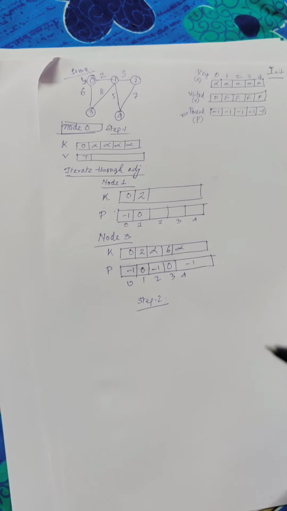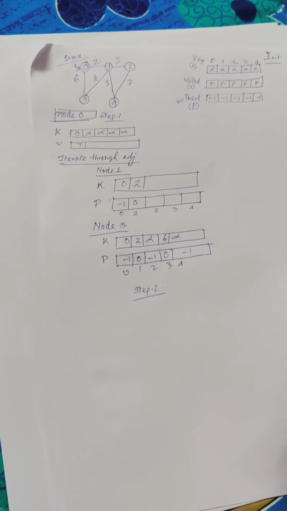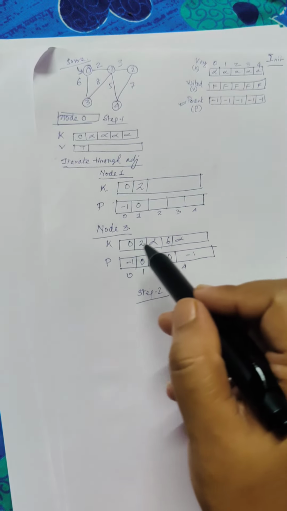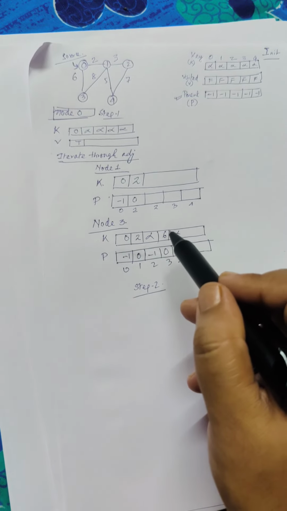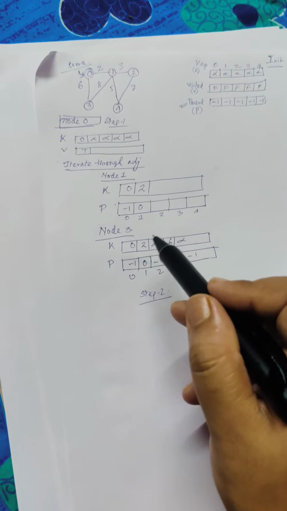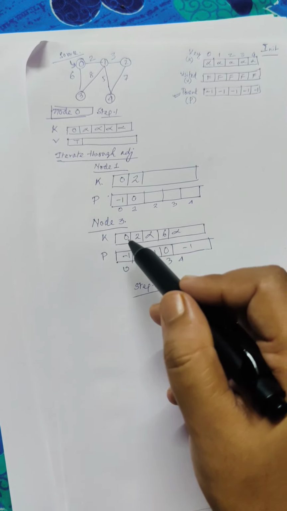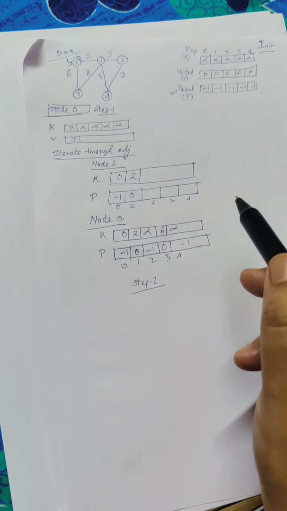How are we going to make that decision? If I take the latest value of this key array, who is having the smallest value? We can see 2 is having the smallest value, right?